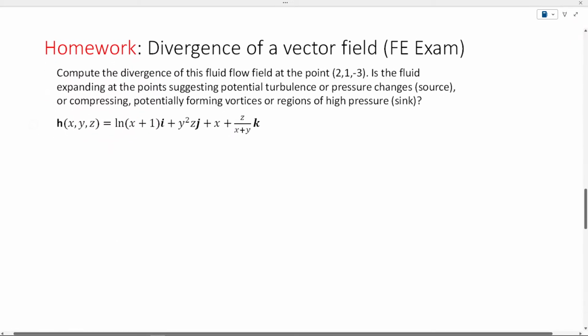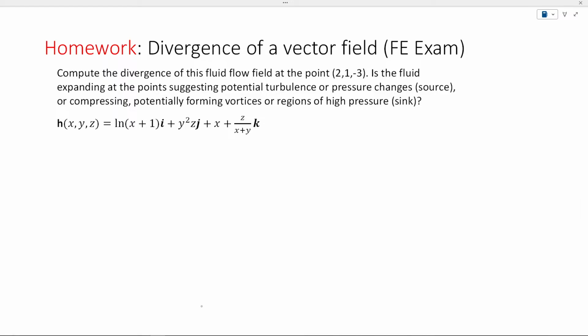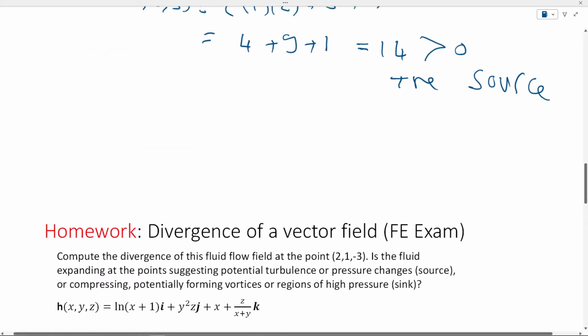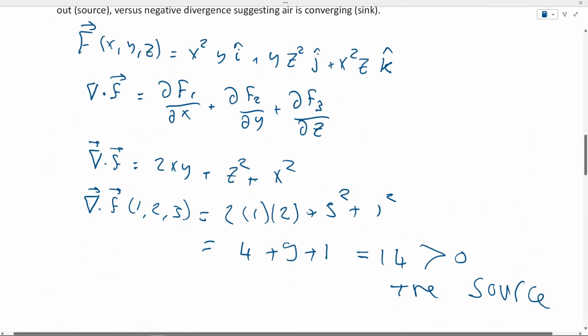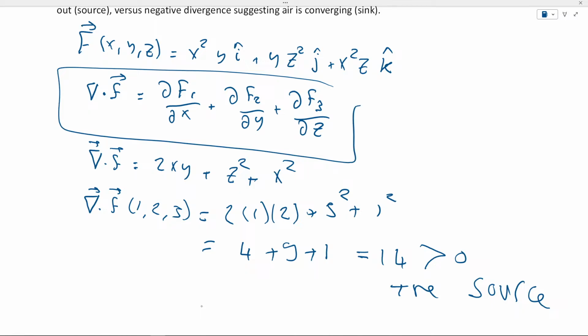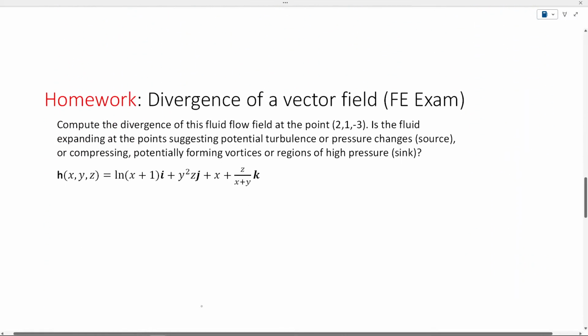Homework, similar. For this homework I'm asking you also: is this a source or a sink? And how to do this: you do this, you do this, you evaluate it at a point, so you evaluate the divergence of your h at 2, 1, minus 3.